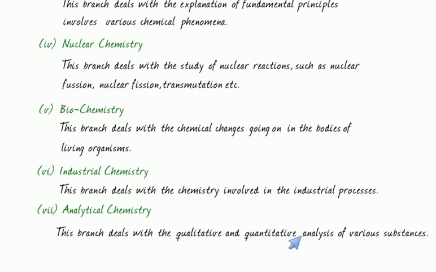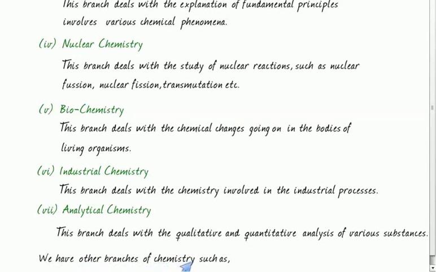Similarly, we have other branches of chemistry such as agriculture chemistry, which deals with the chemistry involved in agriculture. Similarly, we have medicinal chemistry, chemistry involved in medicine. Then we have pharmaceutical chemistry. Then we have solid state chemistry, and so on.